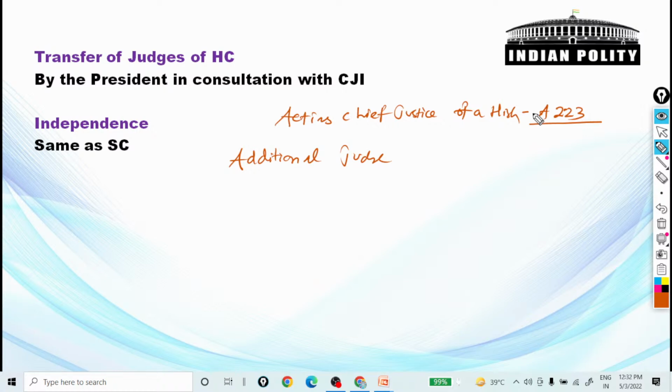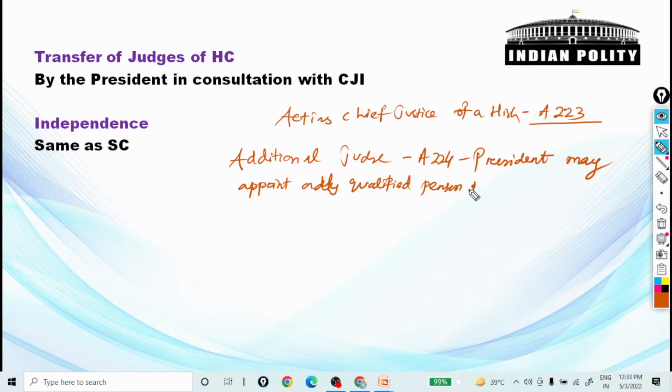And under Article 224, it is provided that the president may appoint a duly qualified person to be an additional judge for such period not exceeding 2 years.